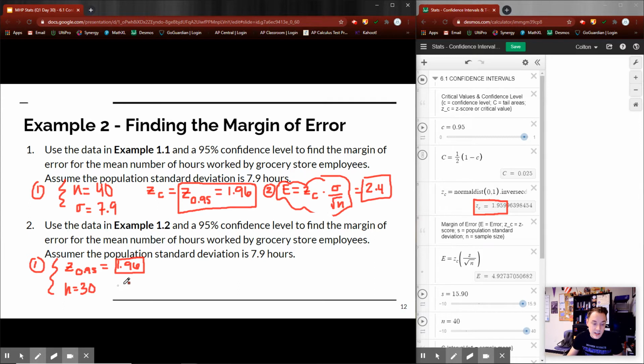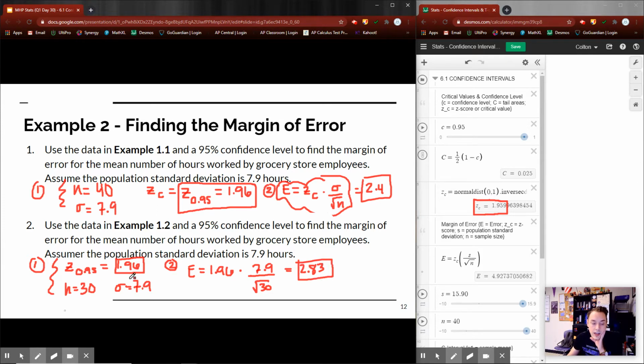And then my standard deviation hasn't changed, that's just going to be 7.9. I put all of these together and plug them into my margin of error formula. So E equals my critical value 1.96 times 7.9 all over the square root of 30. What this equals is 2.83. That's my margin of error.